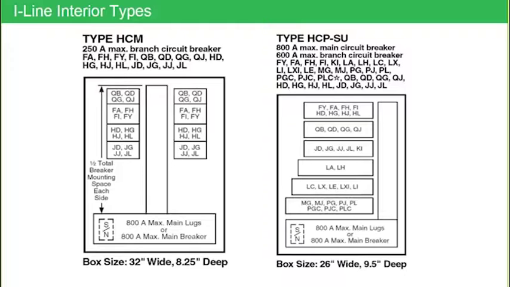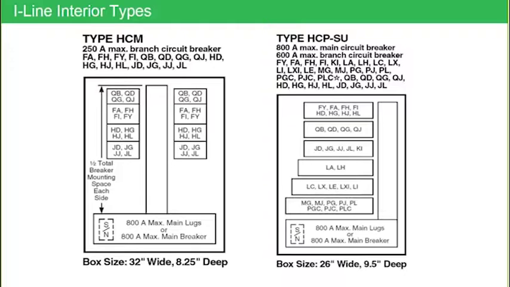If you look at the illustration down below the bus stack, it tells you that the maximum main lug and main breaker in that horizontal rectangle is 800 amp. So anything greater than 800 amp main lug or main breaker would go into one of the larger panels.